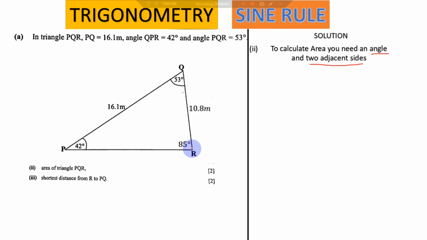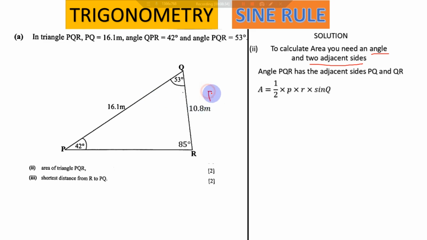We look at 85, we only have one side. But when you look at angle Q, it has both adjacent sides given. So it means the angle that we are going to use on the area is angle Q. In this case, angle PQR has the adjacent sides, which are PQ and QR. So the formula is 1 over 2 times the two adjacent sides.